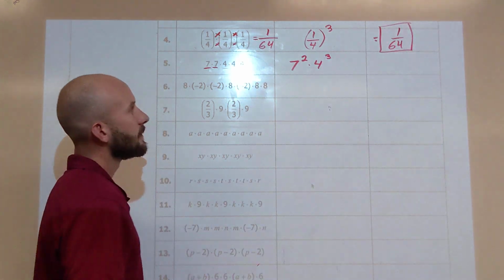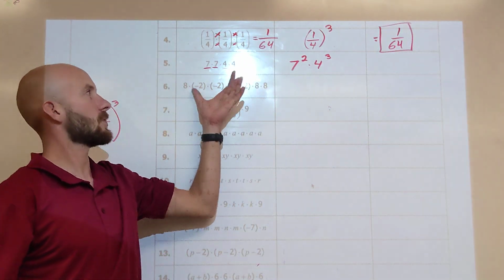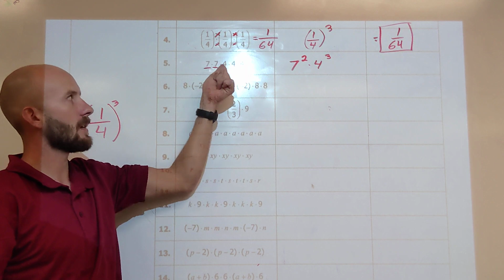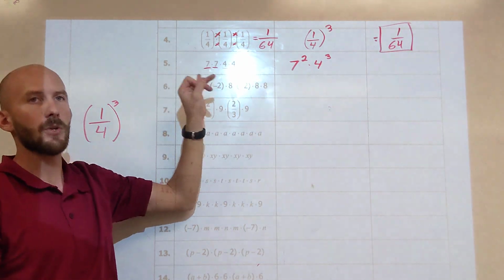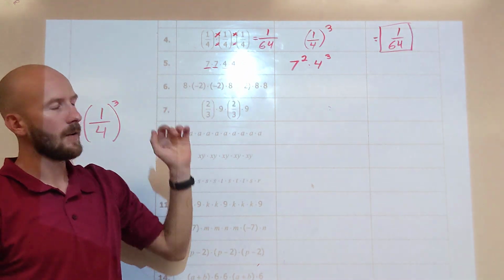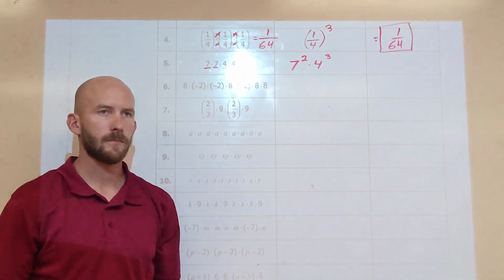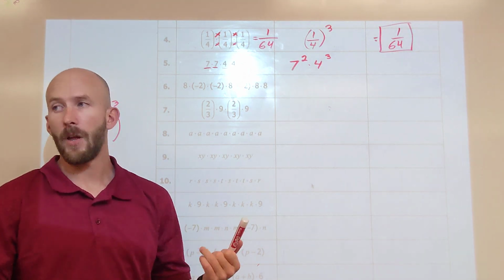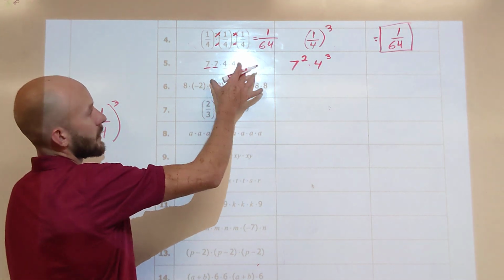And again, to figure out what the actual value is, just come back over here: 7 times 7 times 4 times 4 times 4. You can type that into the calculator. I would do it as 7 times 7 times 4 times 4 times 4.